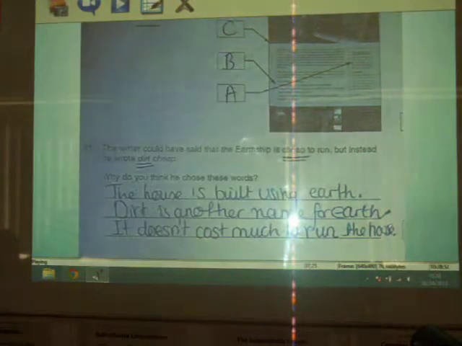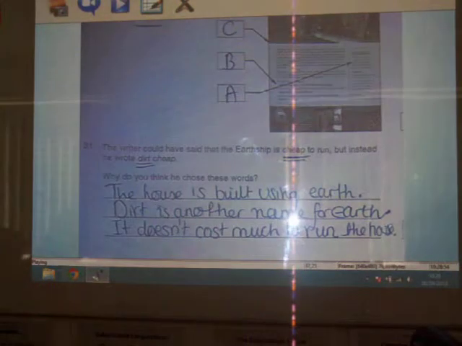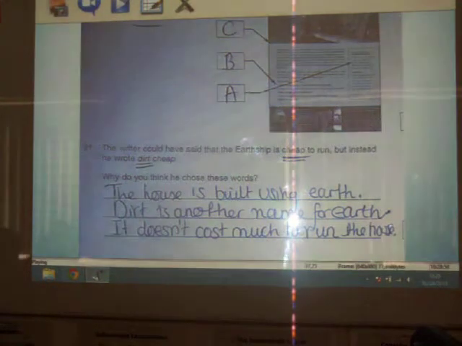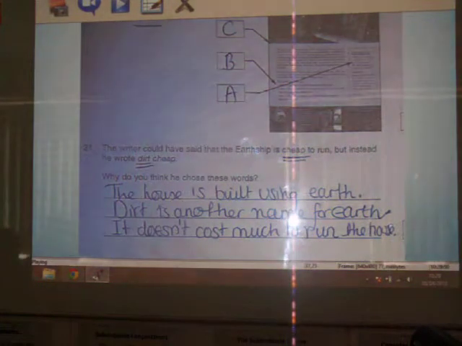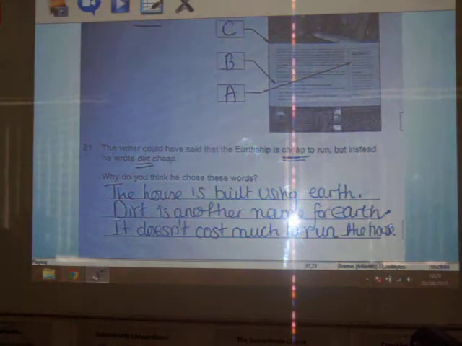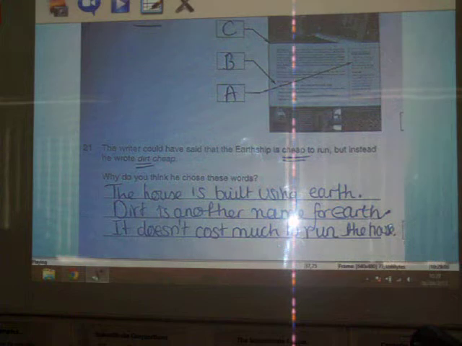Okay. Are we happy with that? So the house is built using earth. Dirt is another name for earth. So when you say it's an earth ship, it's talking about the material used to build it. And also it's very cheap to run. Yeah?